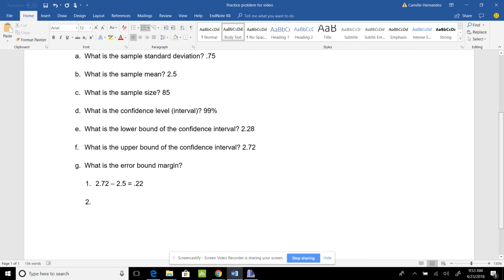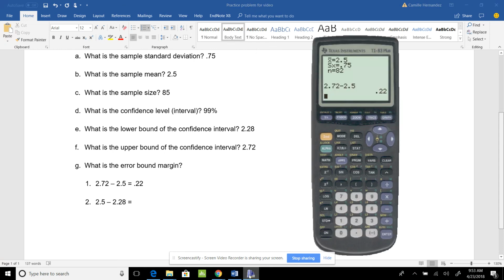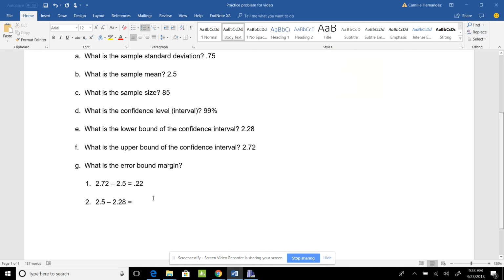That's one way to do it. The other way to do it is 2.5 minus 2.28, which is the lower bound. So again, I'm going to put it in my calculator, 2.5 minus 2.28, hit enter, and boom, I get the same thing. So for this problem, the error bound margin is 0.22.